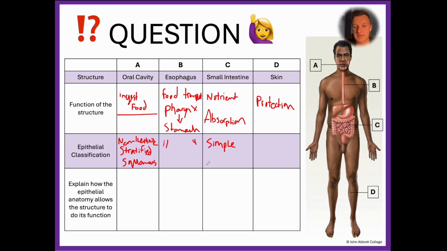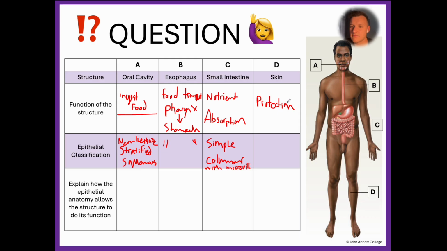And here in the small intestine, we have a simple columnar epithelium. It's one layer of column-like cells with microvilli, right? That's important to note. It has little microvilli. I'm sorry for my writing. It's hard to write with a computer.